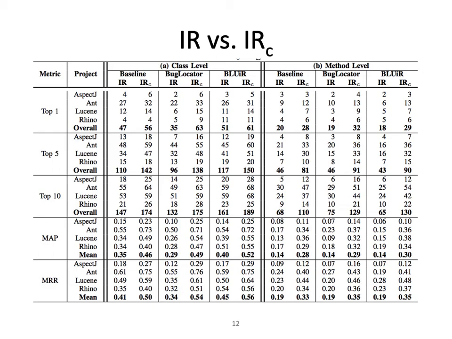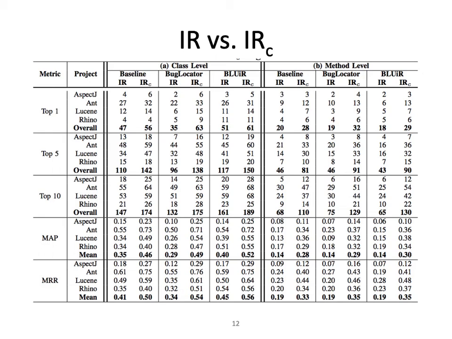So we experimented with 3 different IR-based techniques. Under each technique, there are 2 columns. The IR column corresponds to the bug localization results by the original IR-based technique, while IRC corresponds to the results due to the refined ranked list using coverage.